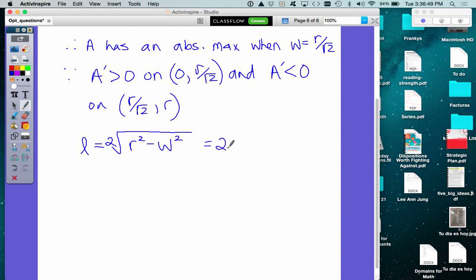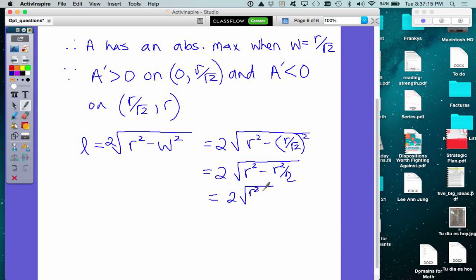So now plugging in, this is going to be 2 times the square root of r squared minus r over radical 2 squared, which is going to come out to 2 times the square root of r squared minus r squared over 2, which is 2 times the square root of r squared over 2, and that's going to be 2r over root 2, which is the same as root 2 times r.